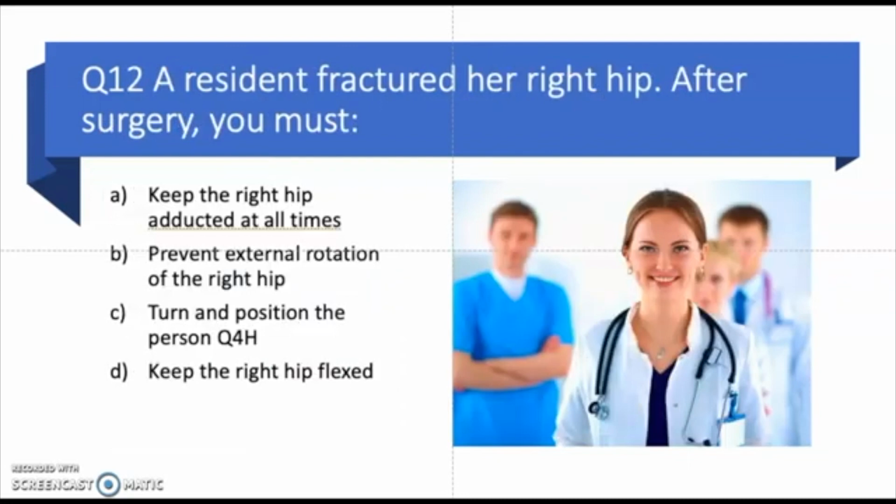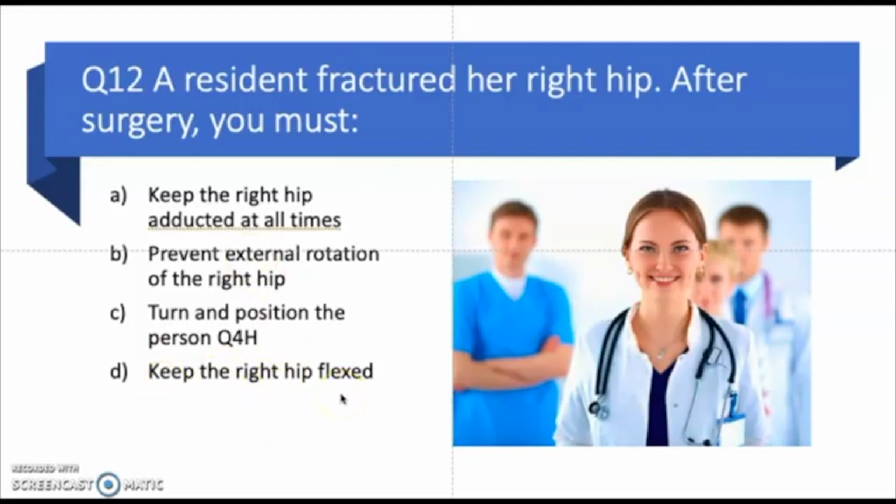Question number 12. A resident fractured her right hip. After surgery, you must keep the right hip abducted at all times, prevent external rotation of the right hip, turn and position the person every 4 hours, or keep the right hip flexed.